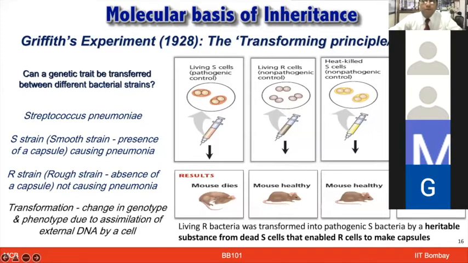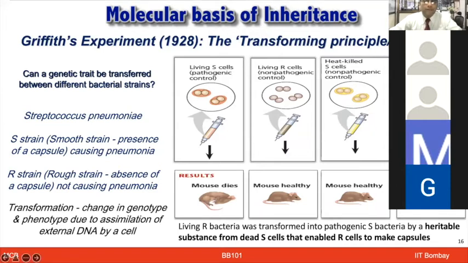He took a mixture of the heat-killed S cells, which had the virulence, and the R cells, which are non-pathogenic. He mixed these two together and injected them. Because the S cells are heat-killed, ideally one would expect no pathogenicity.